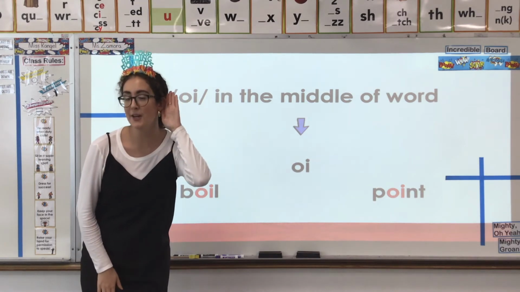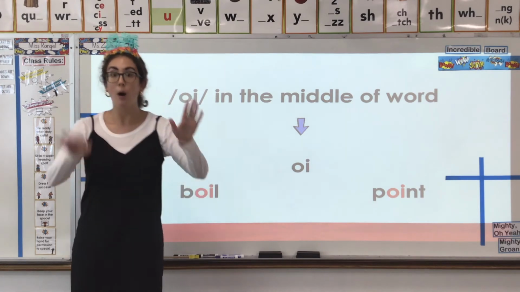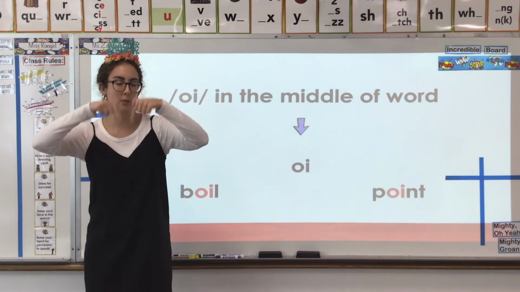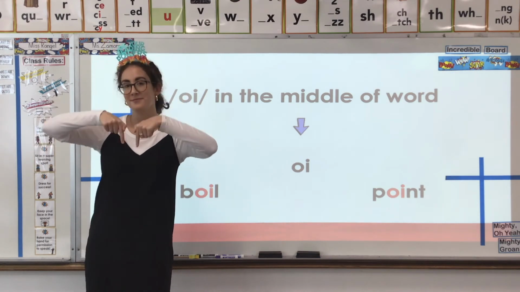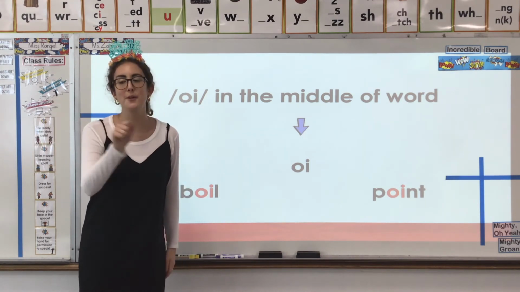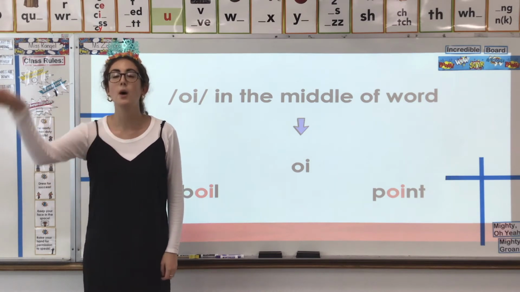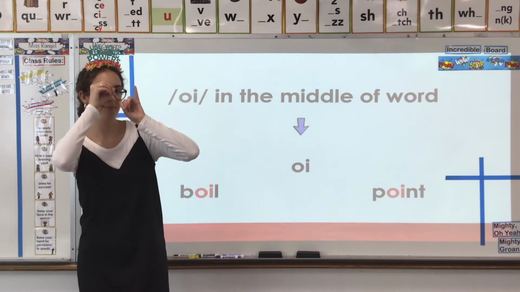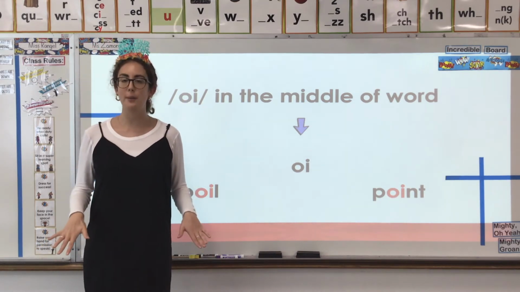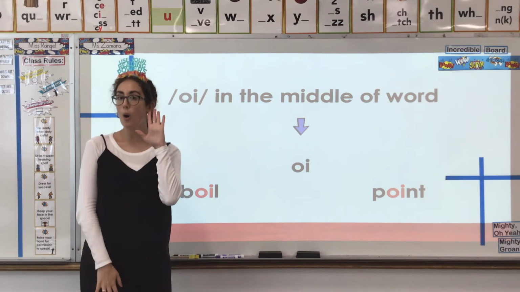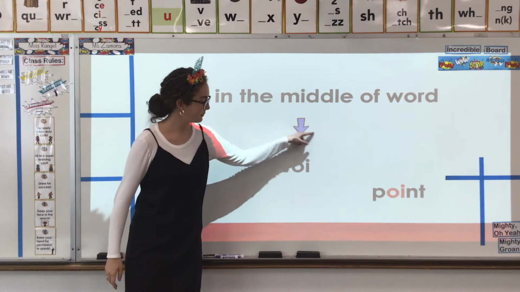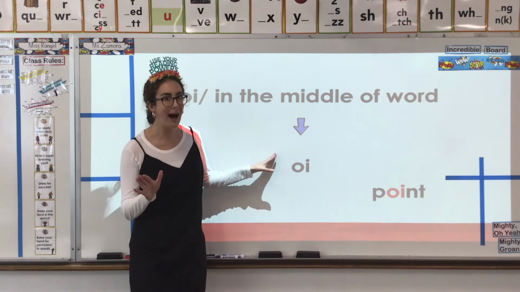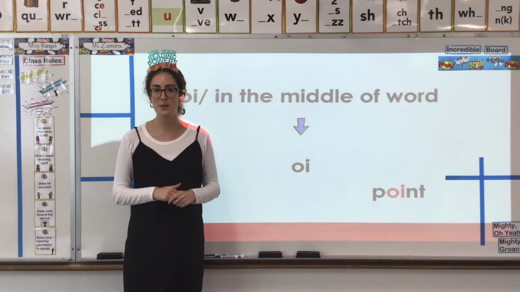When I hear oi in the middle of a word, I spell with O-I. Mirrors down. Good job. So when we hear oi in the middle, we've got O-I in our knowledge to use.